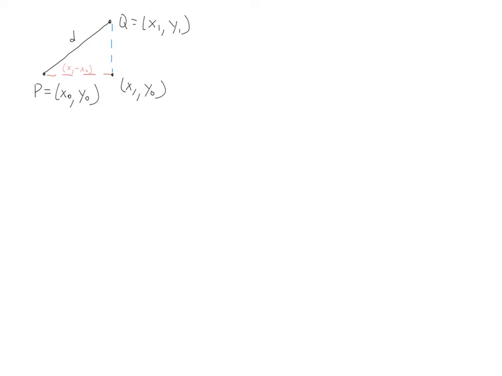And we don't need to worry at the moment whether these differences are positive or negative, because we're going to square them in a second. And so the length of the blue line segment is equal to y1 minus y0, or perhaps the absolute value of that difference.